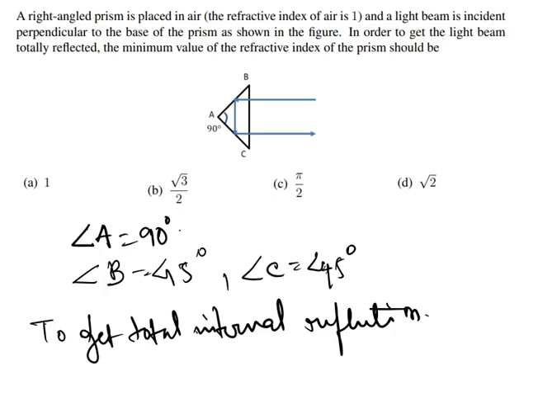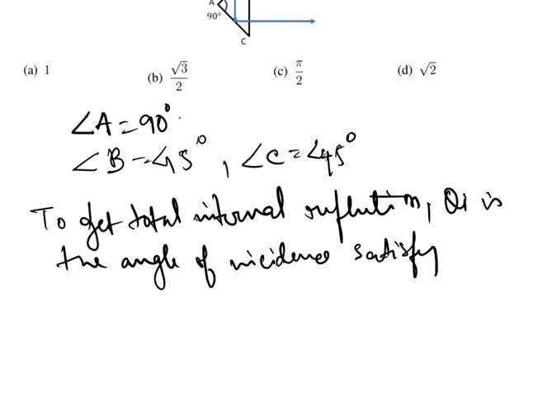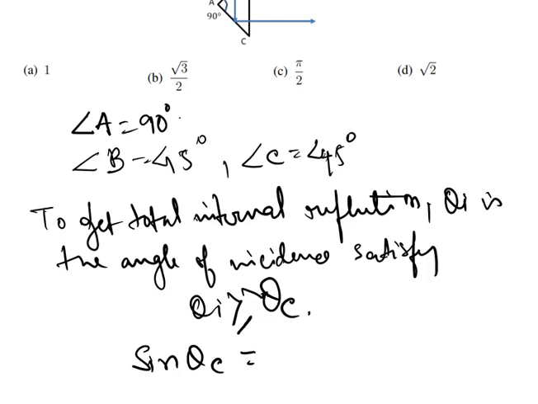The angle of incidence theta I should satisfy theta I greater than or equal to theta C, where the critical angle is given by sin theta C equal to n of air by n of prism.